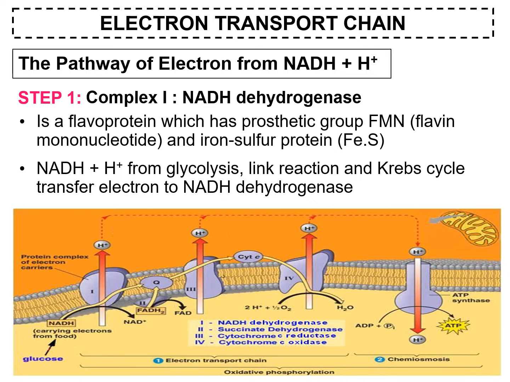But what we need to know is that NADH dehydrogenase, complex 1, will receive electrons from the NADH. NADH either comes from glycolysis, or from the link reaction, or also from the Krebs cycle. NADH carries the electron from these processes and transfers the electron to NADH dehydrogenase, the first complex.